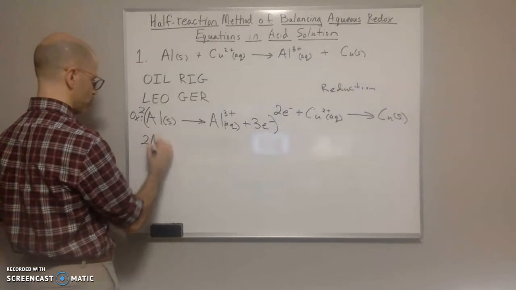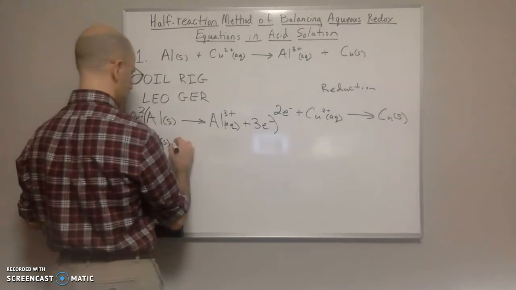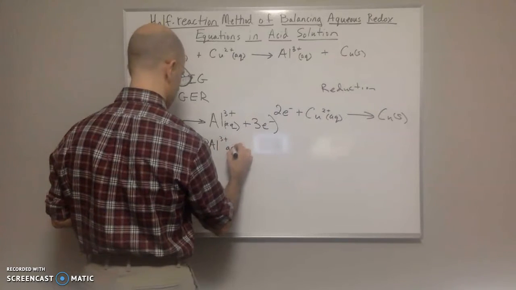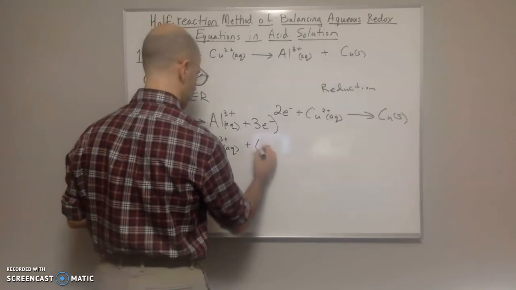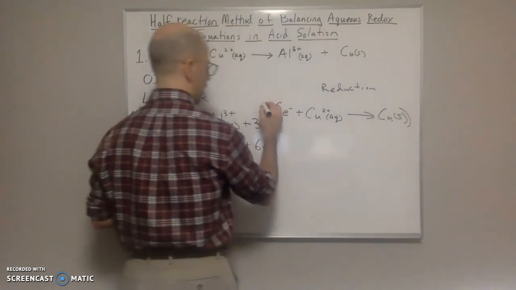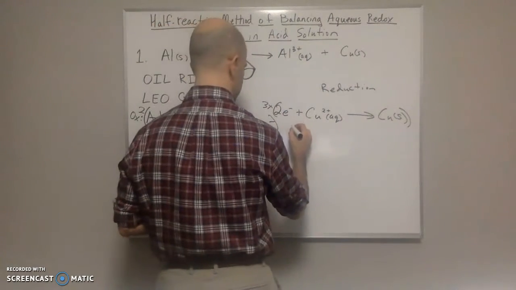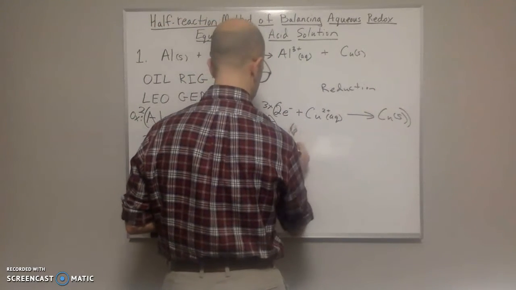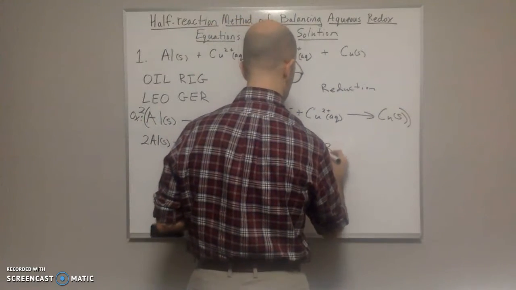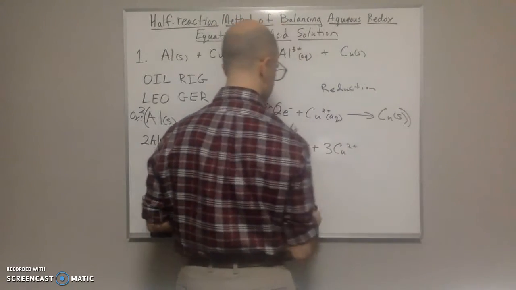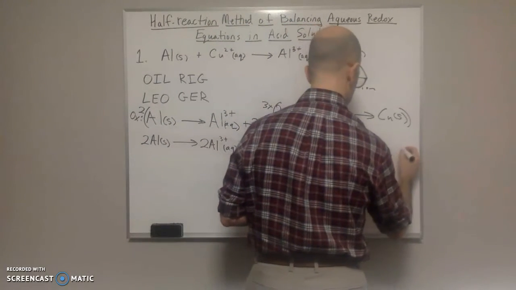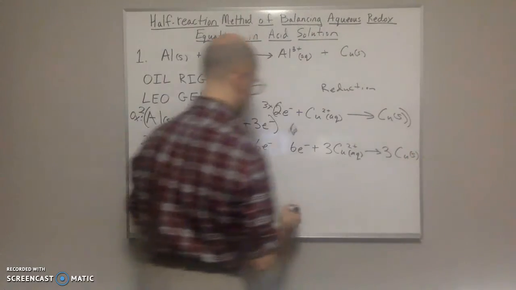So this will be 2 aluminum solid goes to 2 aluminum 3+ aqueous, plus 6 electrons. And then I'll have to multiply this one by 3, and I'll get 6 electrons here, plus 3 copper 2+ aqueous, and that's going to go to 3 copper solid.